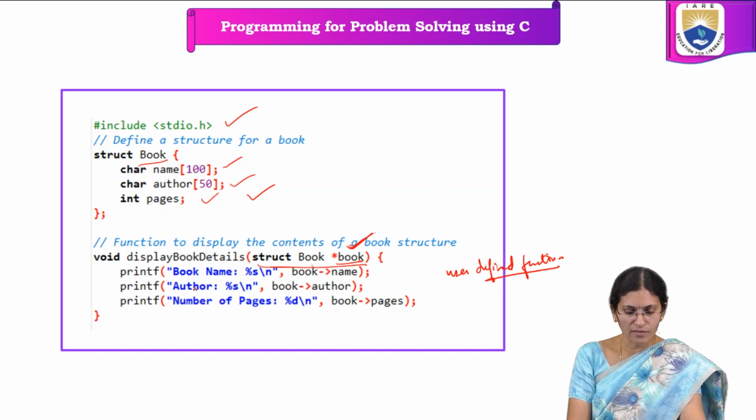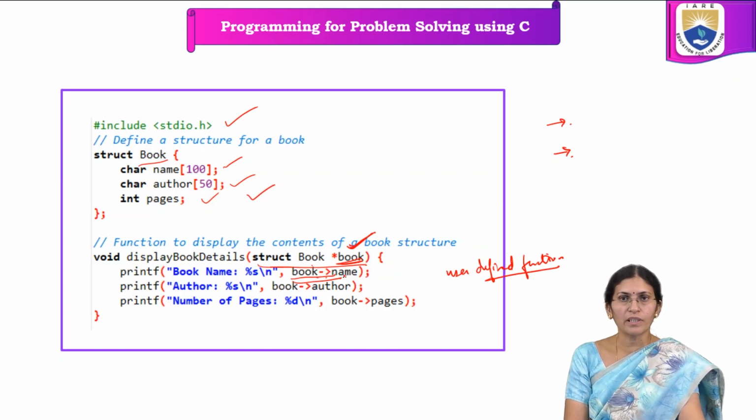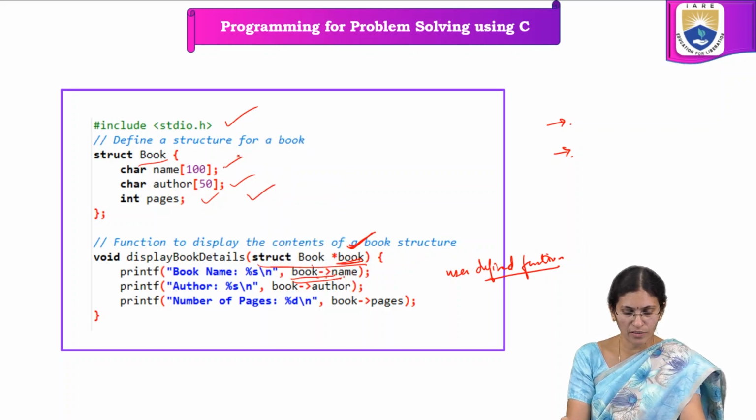Next, since this is a pointer of type struct, in order to access the members we can use the arrow operator. This is the arrow operator. You can access each member by using the pointer name, the arrow operator, and then the corresponding variable.